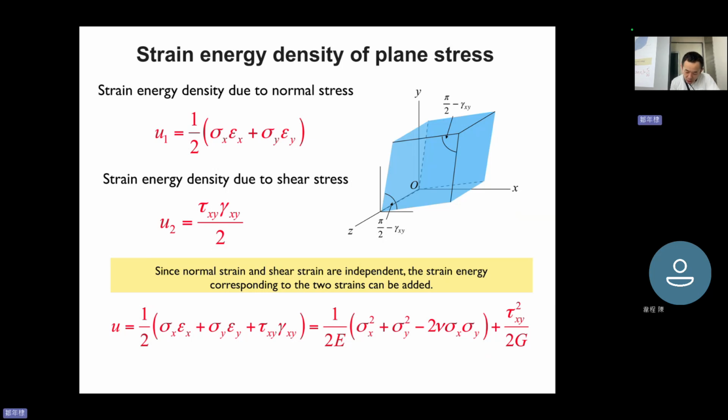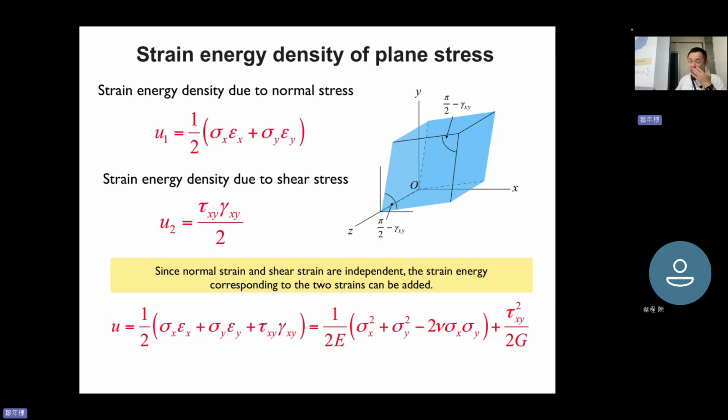So since normal strain and shear strain are independent, the strain energy corresponding to the two strains can be added. Maybe you will ask, don't you remember I said that your energy due to the loading cannot be added? But now you add it. Why did you add U1 and U2 together to become your U?